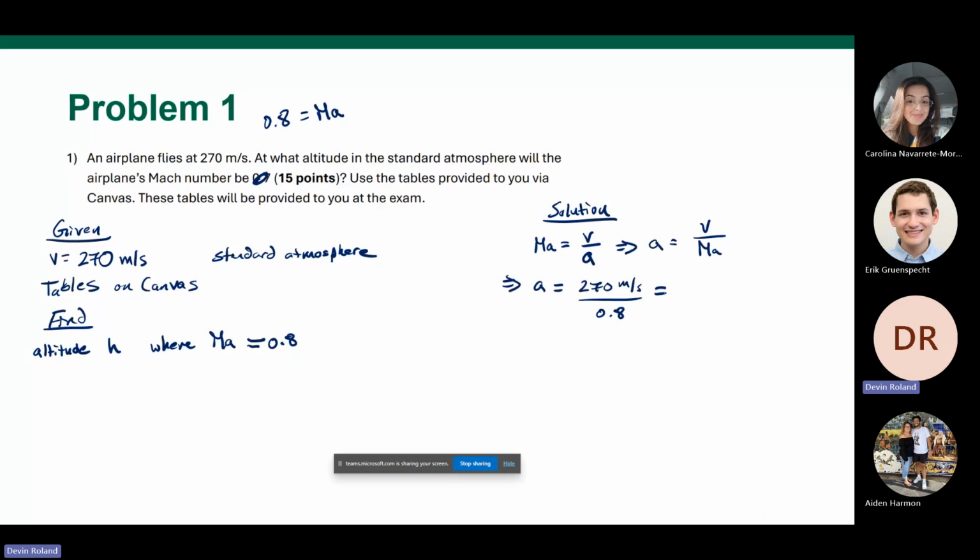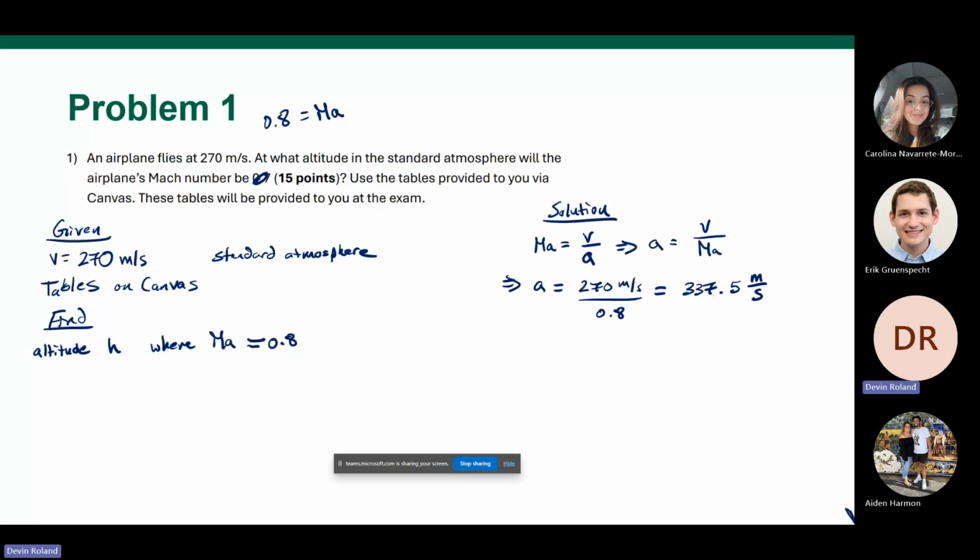That is going to equal a speed of sound of 337.5 meters per second.